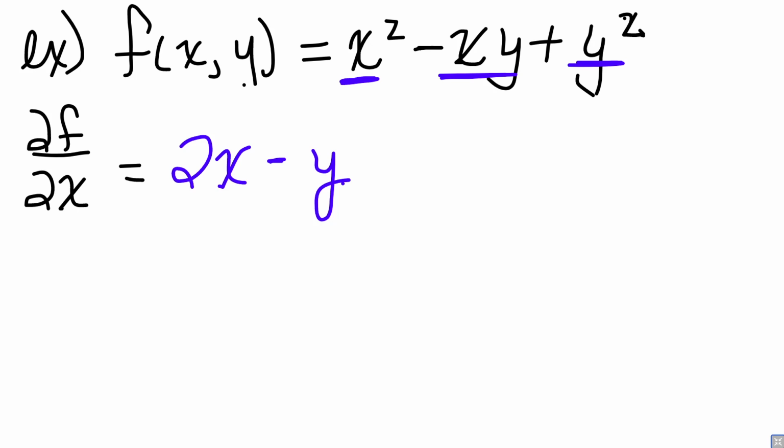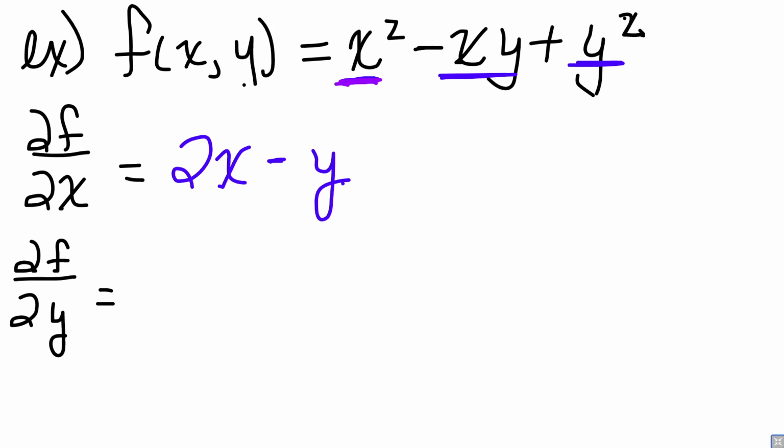Okay. The next one, we're going to do the partial of f in respect to y. If I take the partial of f in respect to y of the first term, I'm going to get 0 because x is considered a constant.